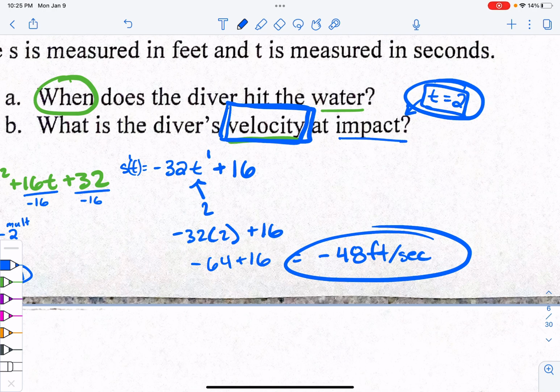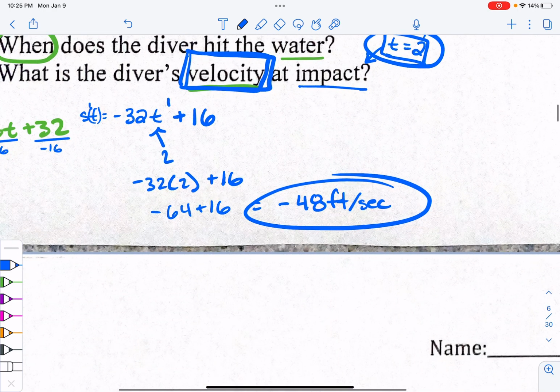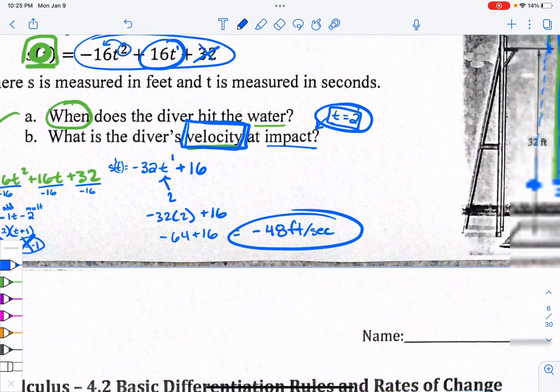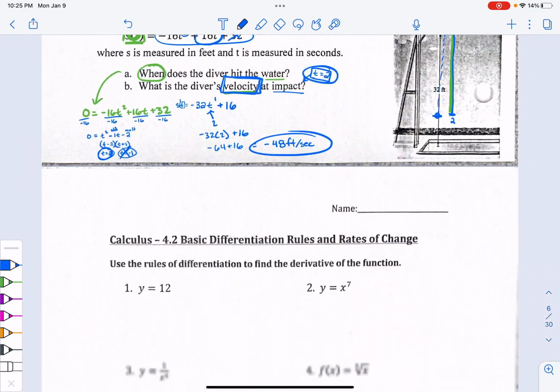So don't let that confuse you too much. So 48 feet per second is how fast we're traveling at exactly 2 seconds, at impact. We are hitting the water at 48 feet per second. So we do velocity by finding the derivative. I hope that made sense to you.